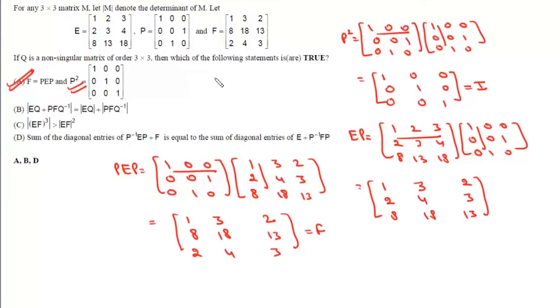Now if we find the determinant of E, we can write this is 1 2 3, 2 3 4, and this is 8 13 and 18. Now what we'll do is we'll write C3 as C3 minus C2 and C2 as C2 minus C1. Now this is 1 1 and 18 minus 3 is 5. Here also it is 1 1 and 13 minus 8 is 5.